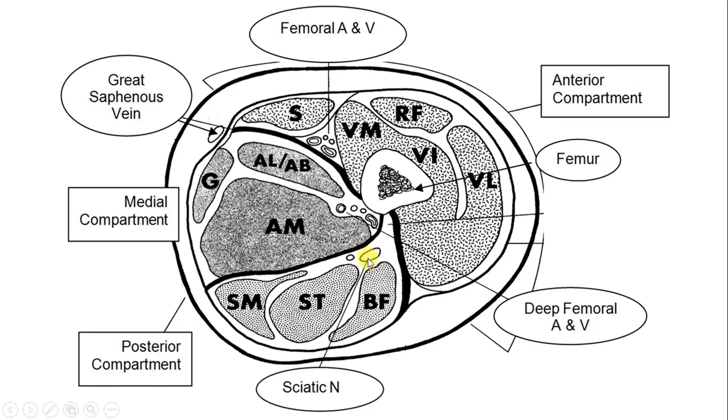Deep to the biceps, on the lateral side of the medial compartment, lies the great nerve, the sciatic nerve, which is the biggest nerve of the lower limb, and also of the posterior compartment.